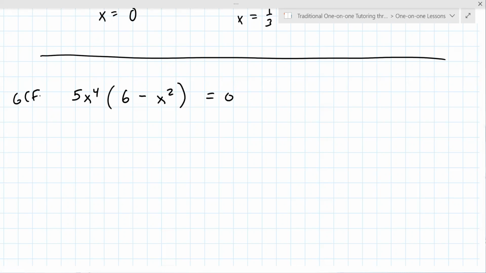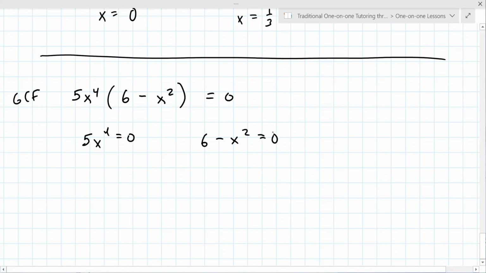Okay, so 5x to the 4th equals 0, and then 6 minus x squared equals 0. And then 5x to the 4th equals 0, so you have to divide by 5. And then that would make x to the 4th equals 0, and then take the root.